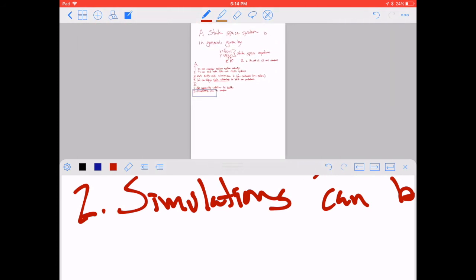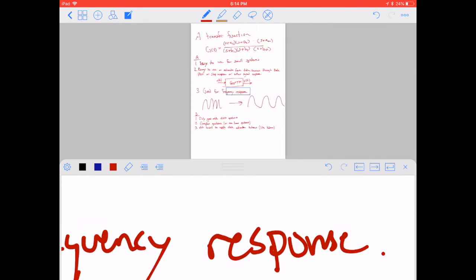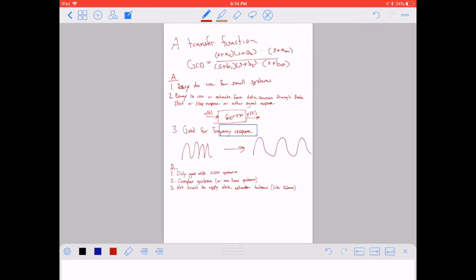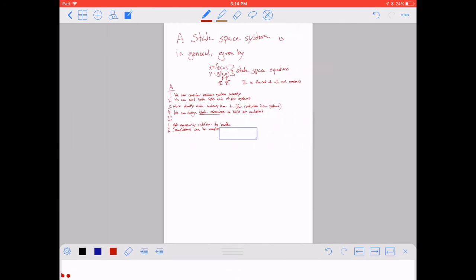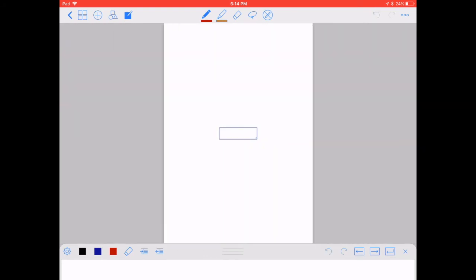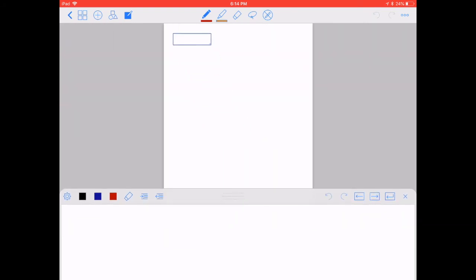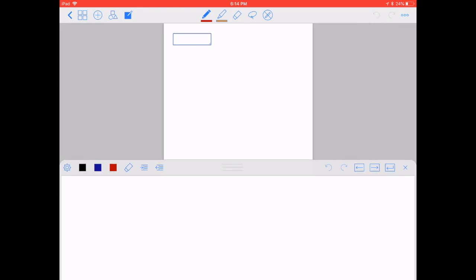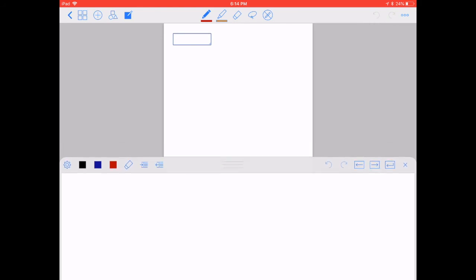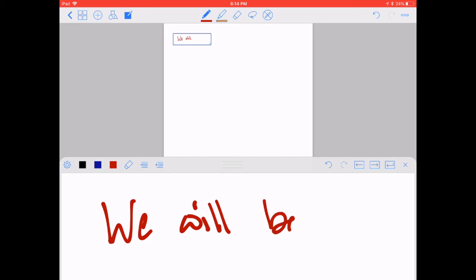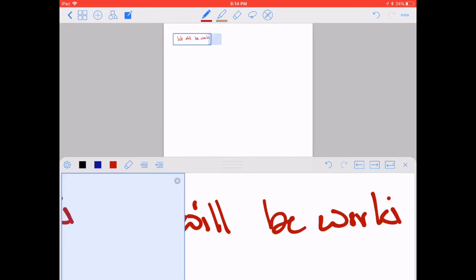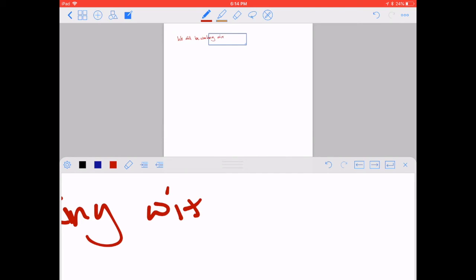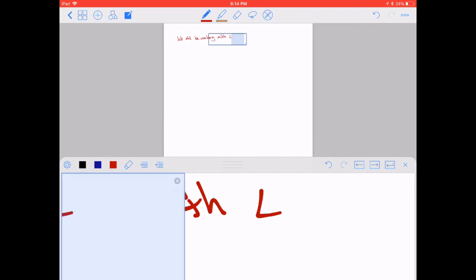So that being said, those are the main advantages and disadvantages of using a transfer function versus a state space system. In the rest of this course, I'm going to be talking about linear time invariant systems in particular, okay? So let me just write that. We will be working with linear systems.